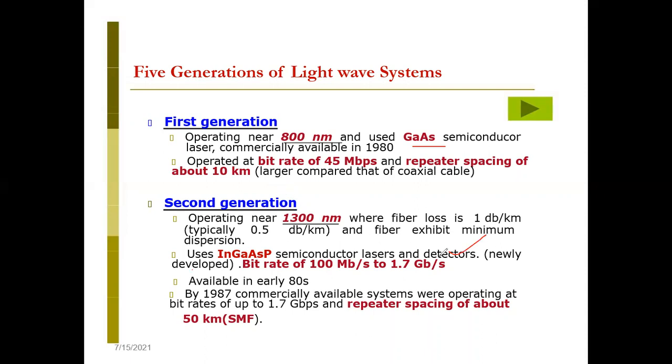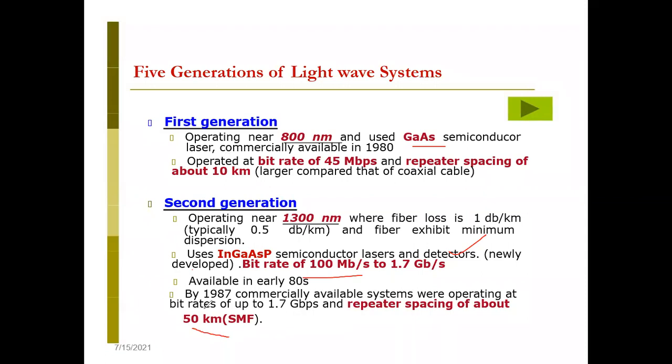Okay, so in the second generation, we had good detectors and the bit rate, you can see, increased. From 45 megabits per second, it became 100 megabits per second to 1.7 gigabits per second. So in 1987, the commercially available systems were operating at bit rates up to 1.7 gigabits per second, and the repeater spacing, just see, 50 kilometers.